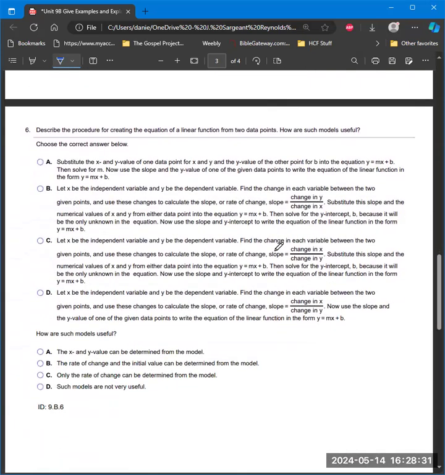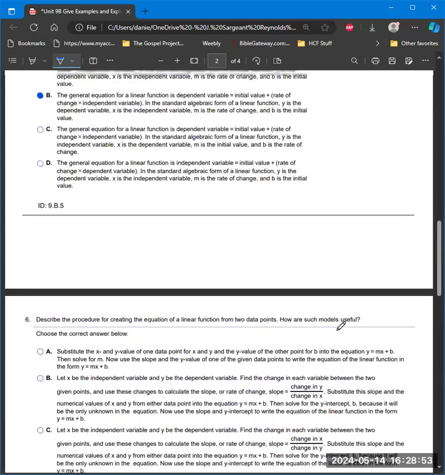Describe the procedure for creating the equation of a linear function from 2 data points, and how are such models useful? Let x be the independent variable and y be the dependent variable. Find the change in each variable between the two given points, and use these changes to calculate the slope or rate of change.